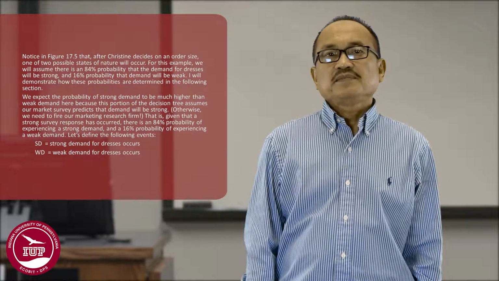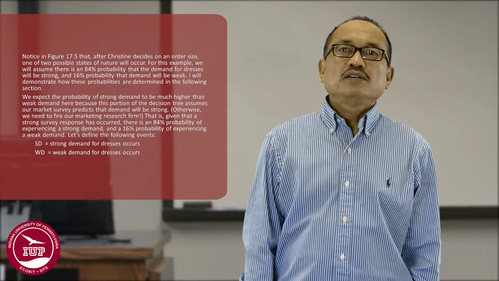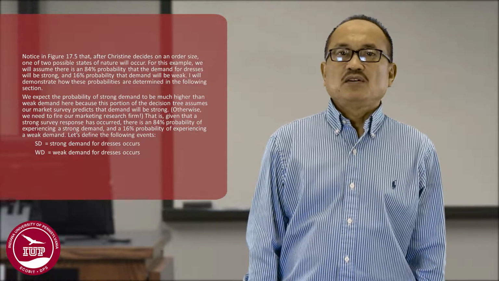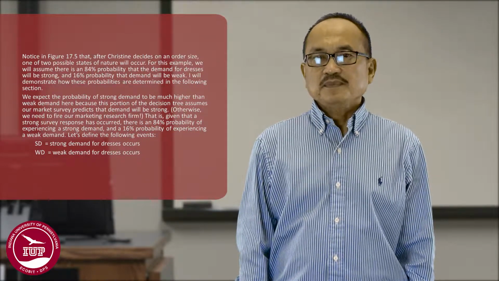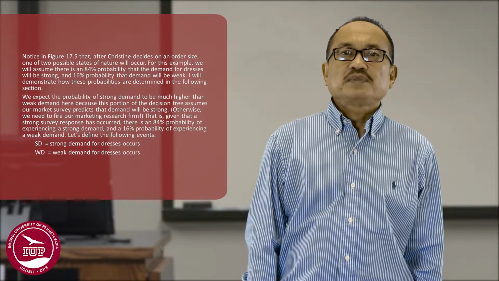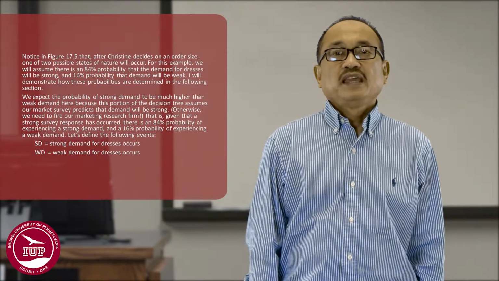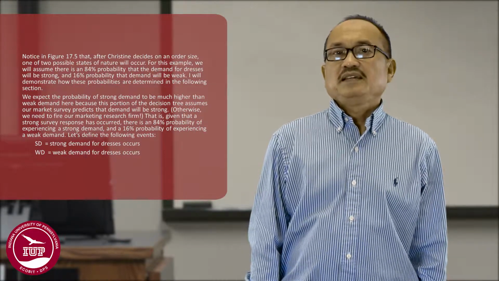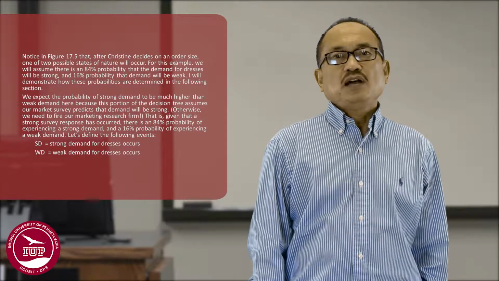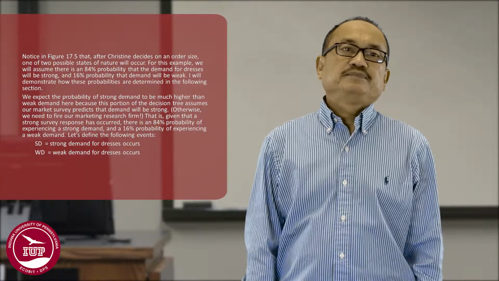Notice in Figure 17.5 that after Christine decides on an order size, one of the two possible states of nature will occur. For this example, we will assume there is an 84% probability that the demand for dresses will be strong and a 16% probability that demand will be weak. I will demonstrate how these probabilities are determined in the following section.